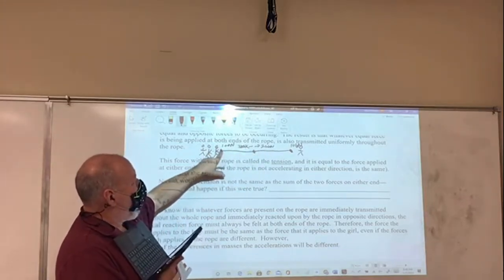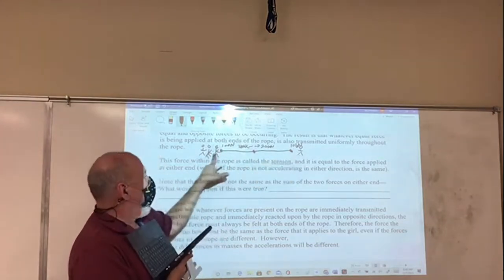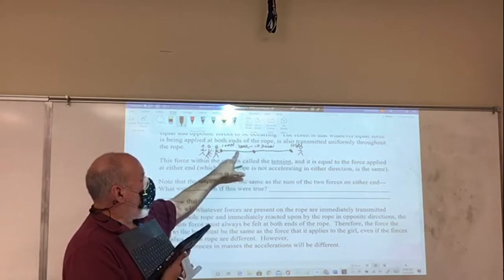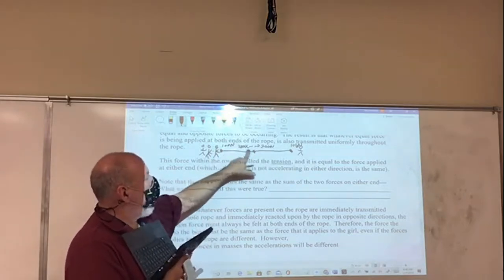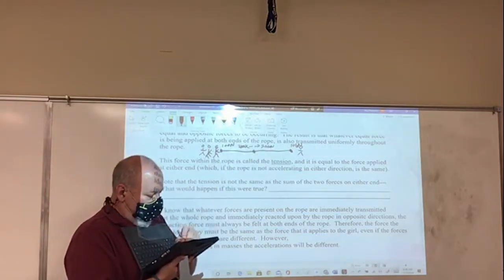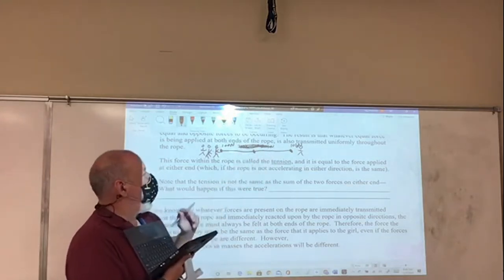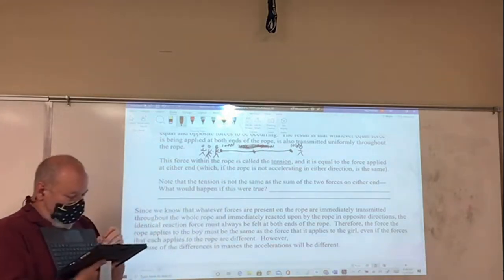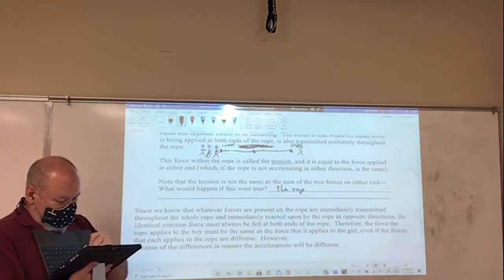I've got a 100 newton force at this end. I've got a 100 newton force at this end because they're balanced and not accelerating. And everywhere else in between here, I've also got forces of 100 newtons. There is no sum of those forces. The rope would tear.